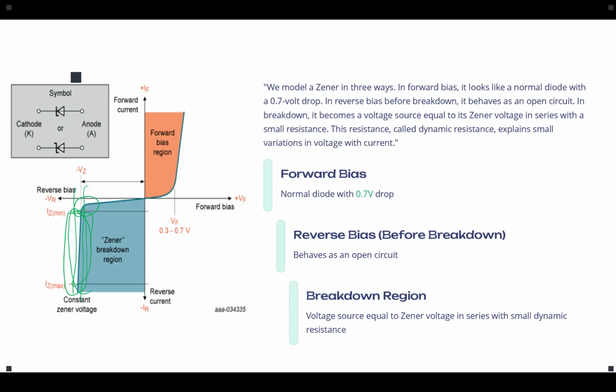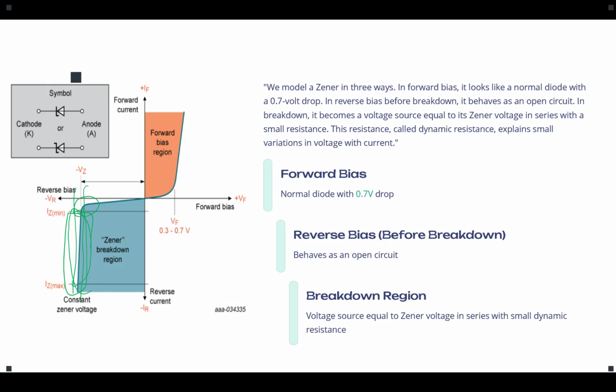Okay, now look at the graph. When we want to regulate the voltage, we want a stable voltage, meaning a voltage that is not dependent on the current. So whatever current we have, we have a specific constant voltage. This is basically the meaning of regulating the voltage.